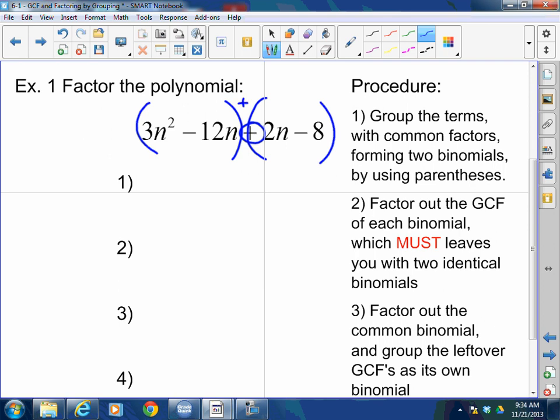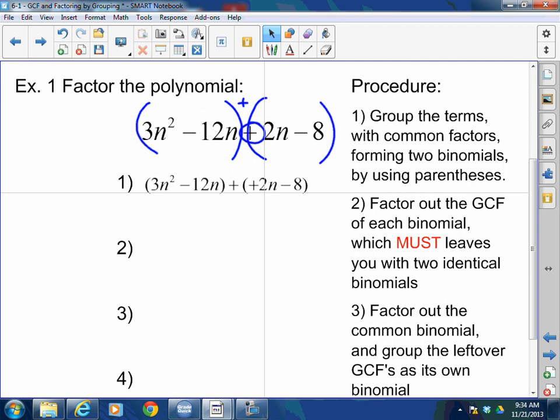To make it neat, all I did was take the first 2 terms and put them in parentheses, and the second 2 terms in parentheses. Does that make sense so far?